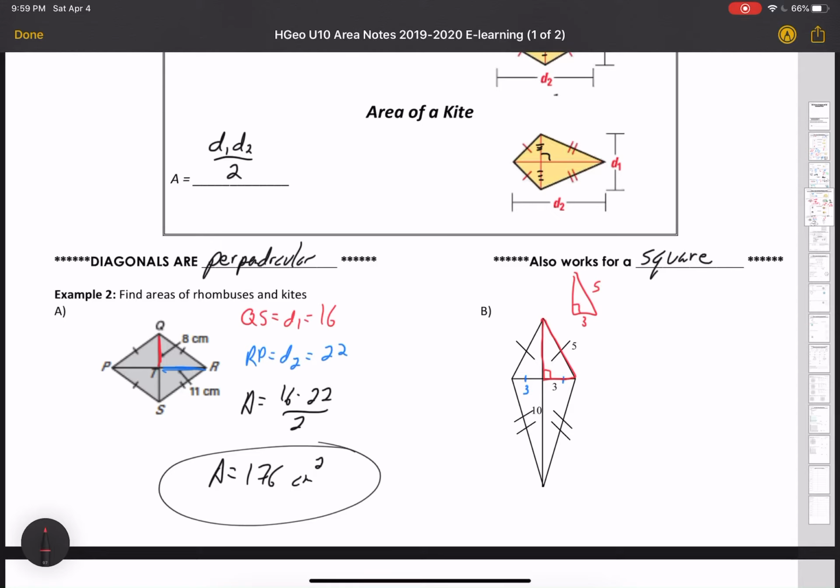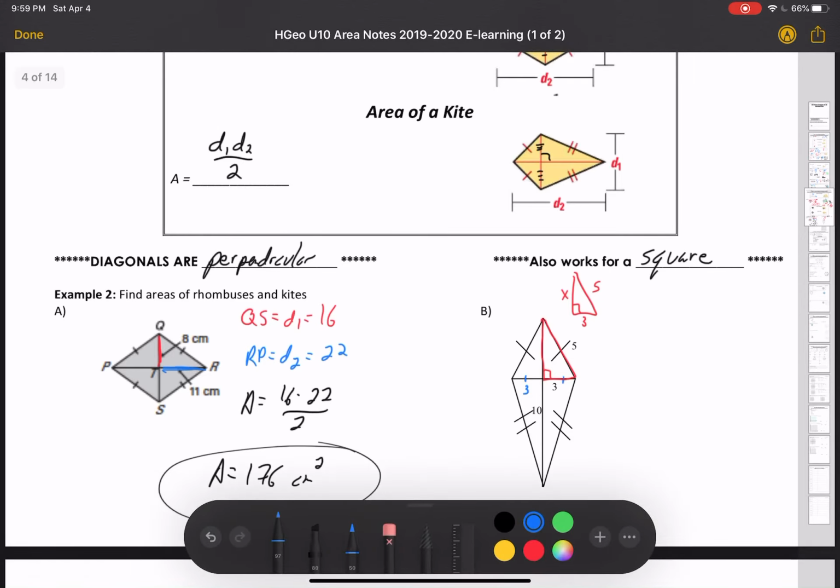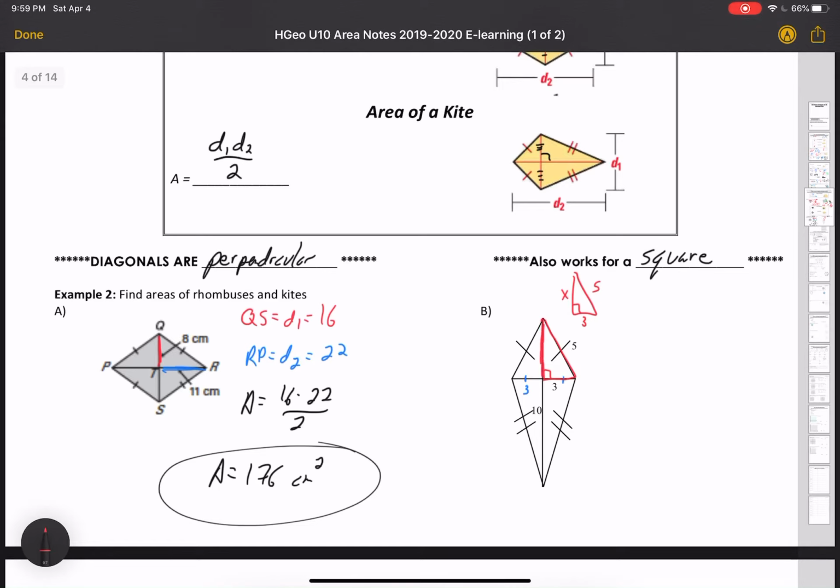And when I do that, I'm going to figure out that that part of the diagonal right here is 4 after doing Pythagorean theorem. So diagonal 1 was 3 plus 3 or 6, and diagonal 2 was 4 plus 10, which is 14. So the area is going to be 6 times 14 divided by 2. And that's going to give me an area of 42. I don't have any units, so I'm just going to use u squared.